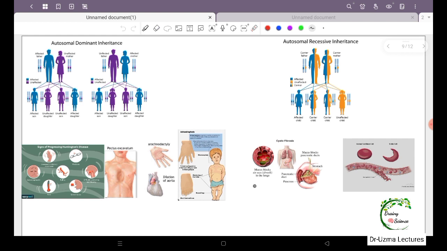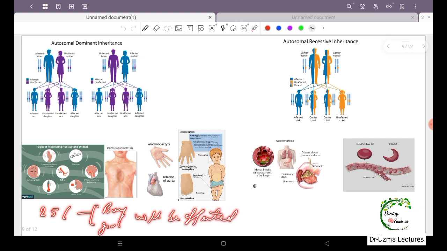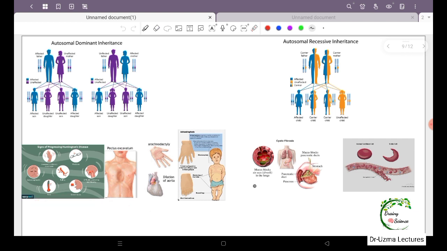If this is a total of 100, then 25% of both boys and girls will be affected, while the other 25% of both boys and girls won't be affected.